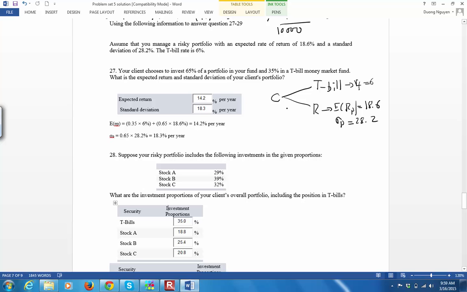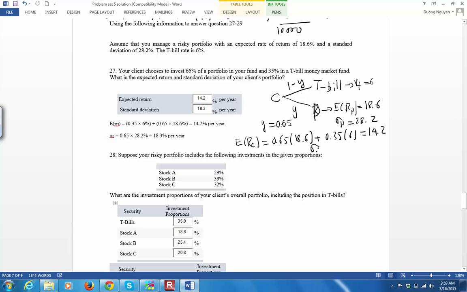So if you put y% in portfolio P, 1 minus y will go to the T-bill. If you decide to invest 65%, if y equals 0.65, then 1 minus y equals 35. So the expected return of the client portfolio, ERC, would be 0.65 times 18.6 plus 0.35 times 6, and this is equal to 14.2.